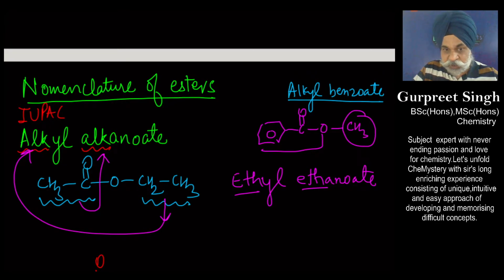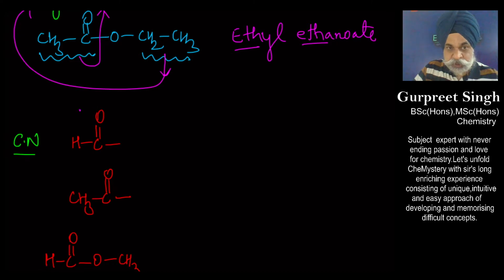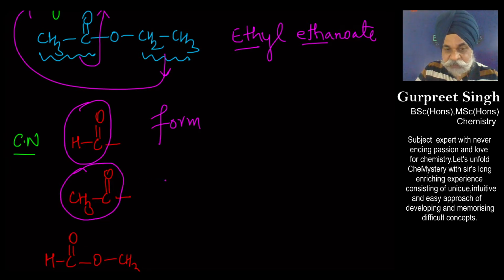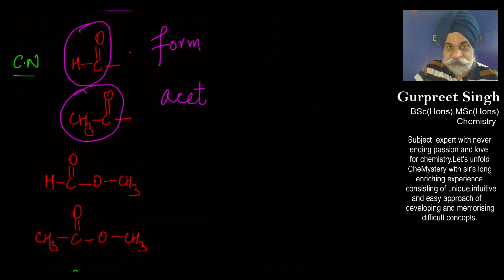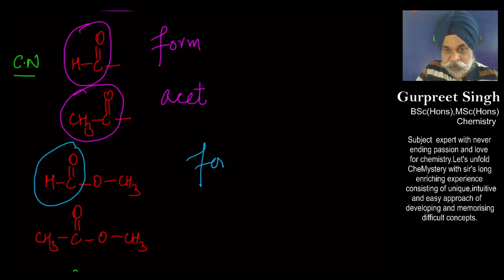Now with regard to the common name, you should know that this entity is commonly said as form, and this type of moiety is said as acet. So if I have to write its common name, this part is nothing but form, and this part is the part of alkyl. So alkyl comes in the front.